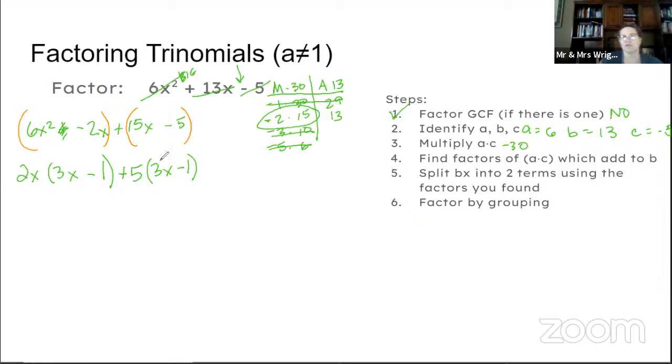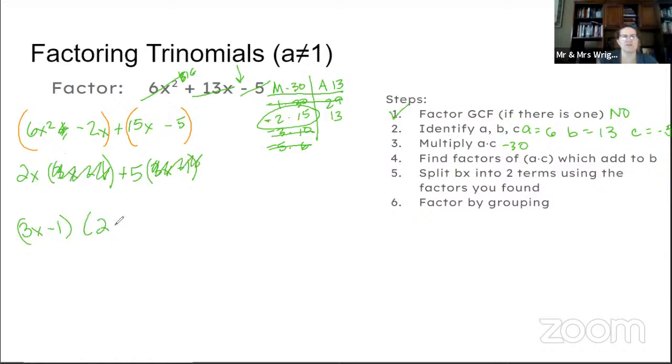Our goal is to get it so we have a term within the parentheses that's exactly the same on both of these terms. So we have a little polynomial inside the parentheses on term 1 that matches a little polynomial inside the parentheses on term 2, because we want to have some common factors. So our common factor is 3x minus 1 here. And we're going to cross this out and cross this out.